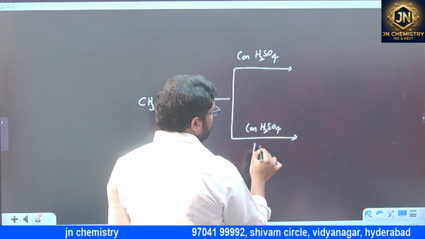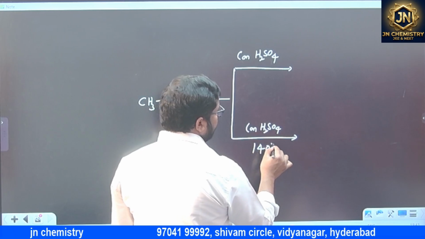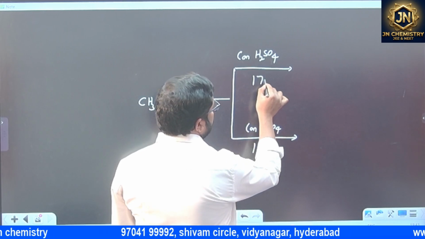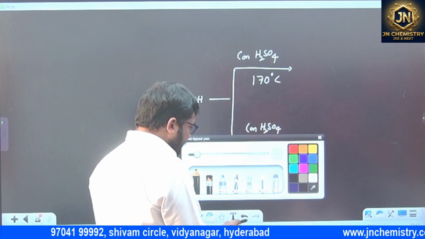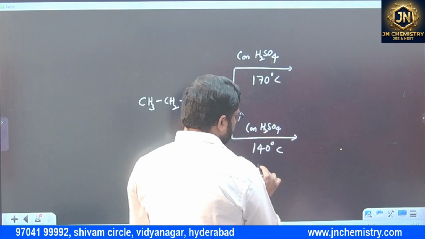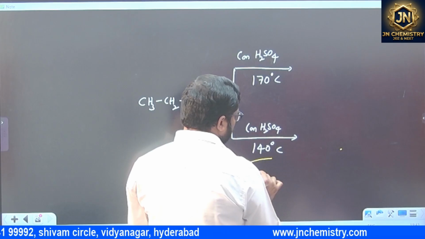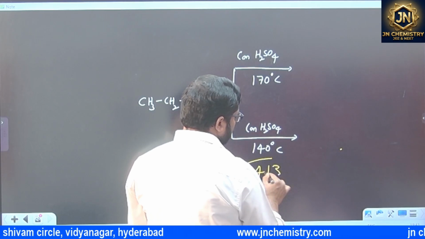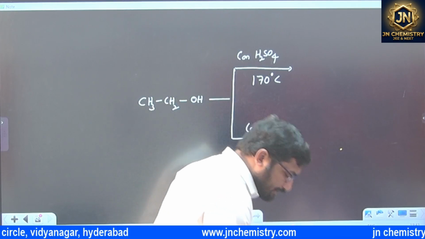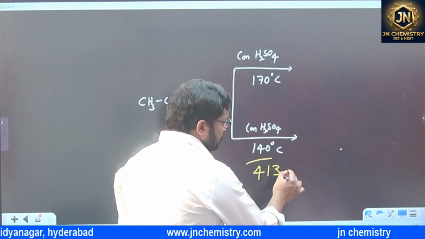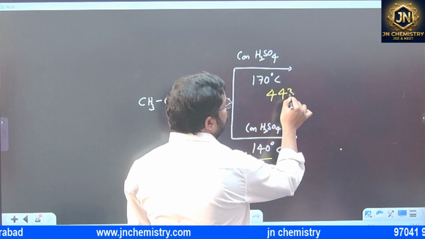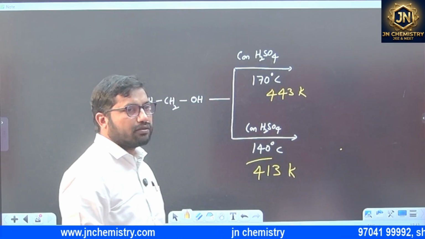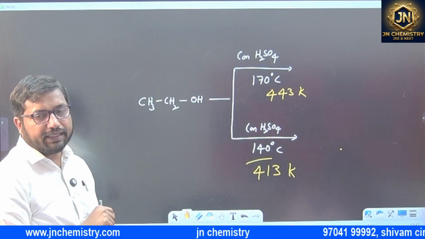This is 140 degrees centigrade and this is 170 degrees centigrade. 140 plus 273 is 413 Kelvin, and here it is 443 Kelvin. Both temperatures are particularly important.